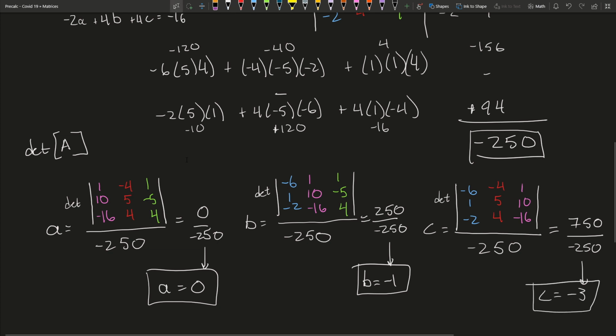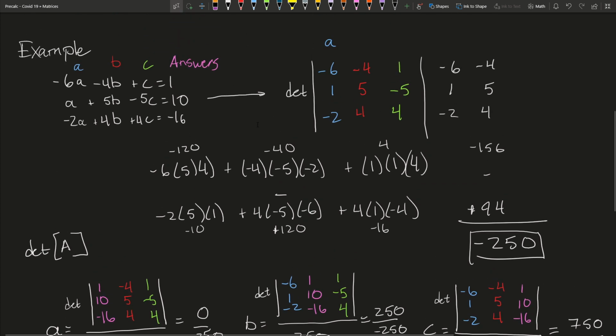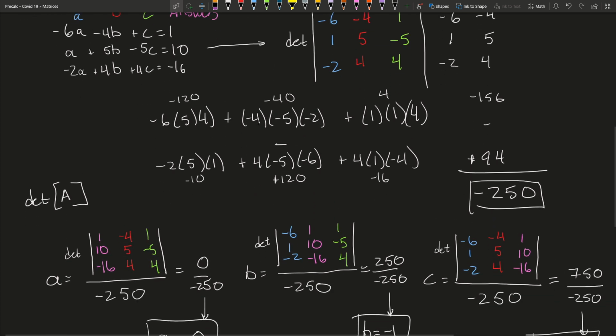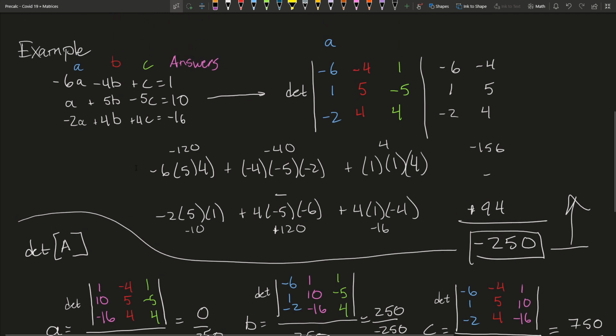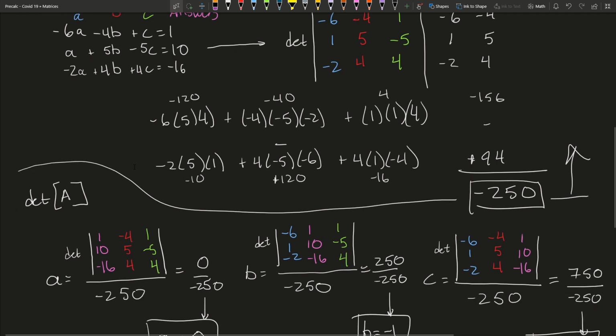All right, so here's what I'm going to expect on the homework and on a test. Everything from here up is going to be by hand. So you need to find a coefficient matrix and take the determinant of it by hand.